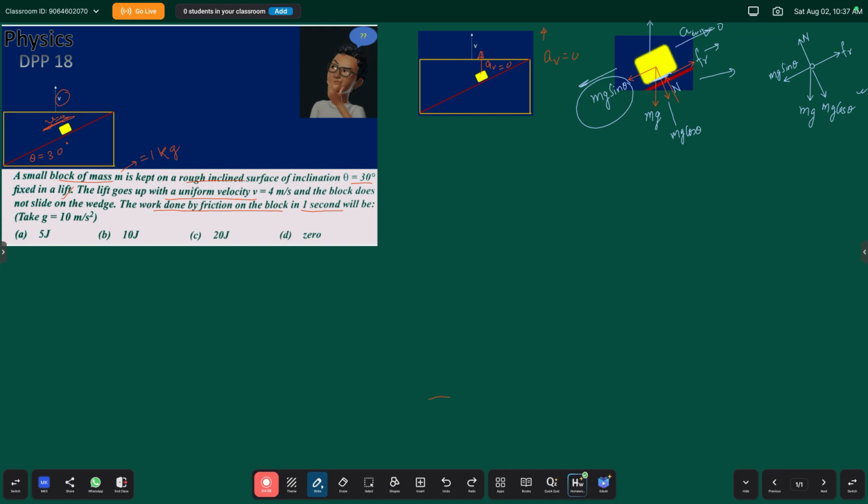We can write Fr minus mg sine theta, because mg sine theta is acting opposite to the friction force, equals mass into acceleration along the incline, that is 0. So Fr will be equal to mg sine theta. If you put in the values, 1 into 10 into sine 30 degrees, which is 1 by 2, this will be equal to 5 Newton.